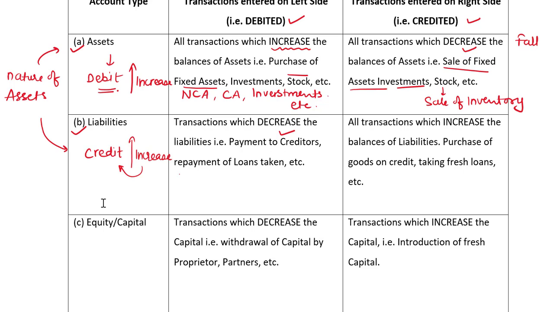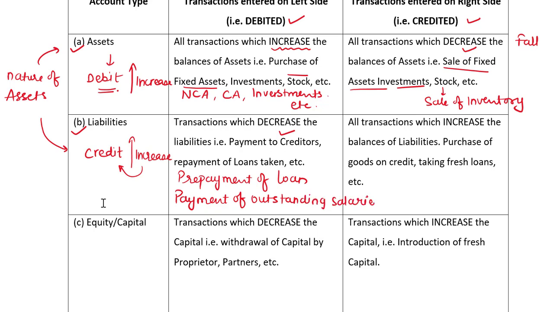Supposing we had repaid the loan, a prepayment of loan, payment of outstanding salaries, or outstanding rent. These things you must pay, and you paid it. Because you paid it, you don't have this liability to pay again. So there is a decrease in liability and it should be debited.